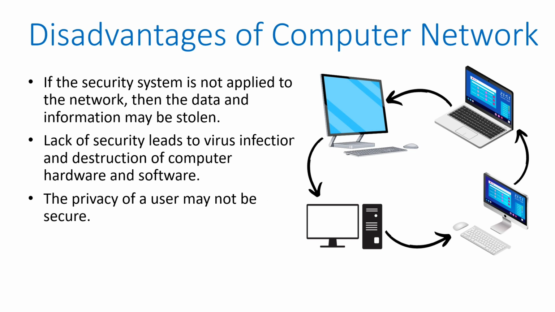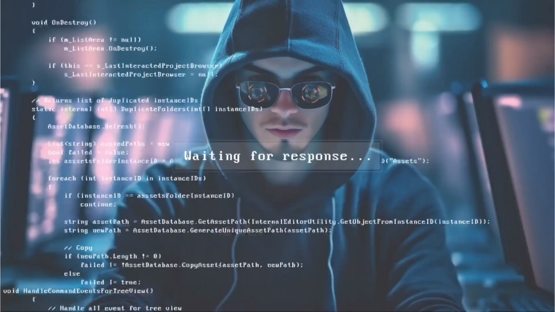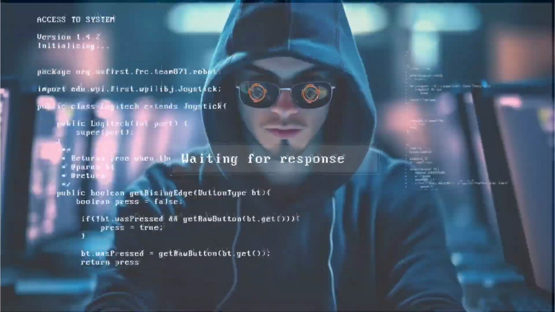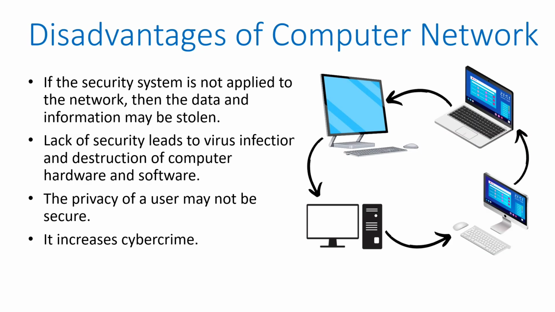Some of the data may be stolen from the network, so the privacy of a user may not be secure at that moment. Similarly, it increases cybercrime. Criminal activities like hacking, cracking, phishing, and so on will be increased with the help of computer network. So these are some of the disadvantages, or we can say the negative points of computer network.